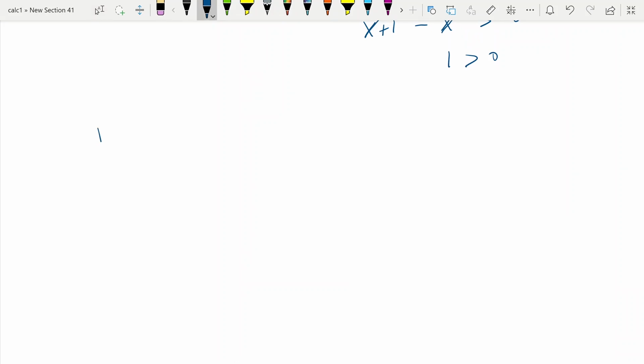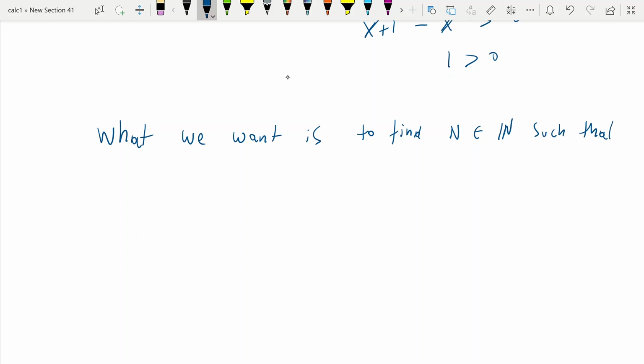So what do we want? We want to find a number N in the naturals such that the absolute value of a sub n minus 0, here a is equal to 0, is less than epsilon.